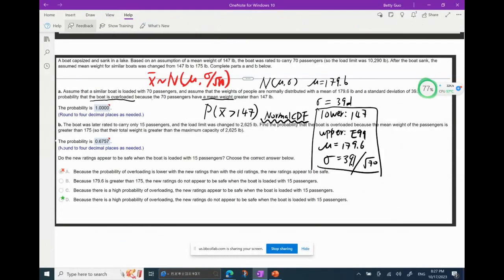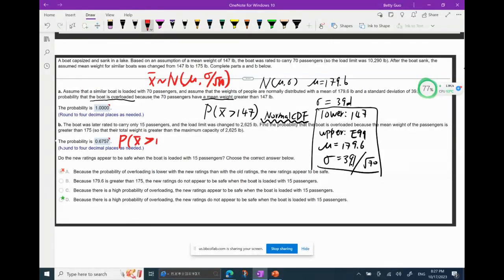Again, we are looking for the mean. The probability of the mean being greater than 175, so that the total is greater than 2,625. Okay, so in this case, it's similar to earlier, but the only difference is going to be the lower.